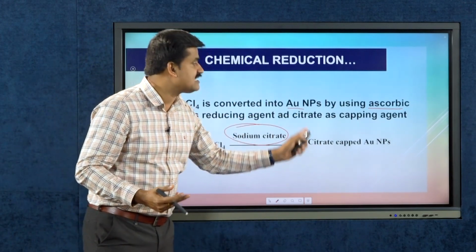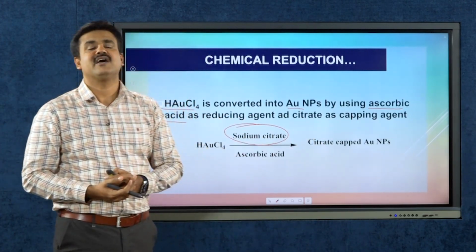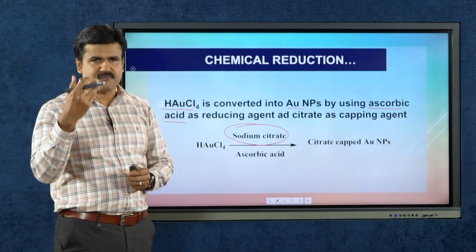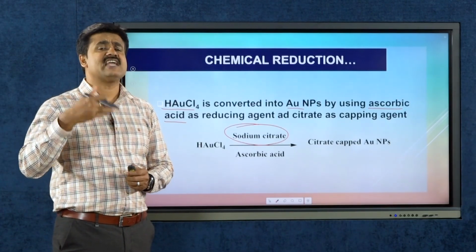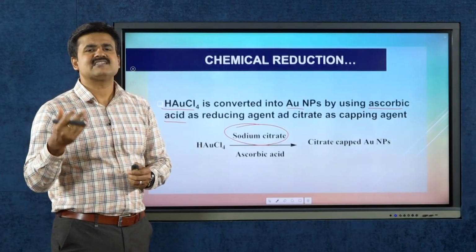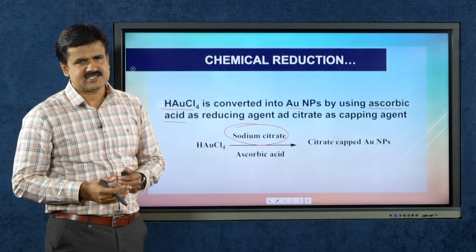Hence, the result is citrate capped gold nanoparticles. So, in the chemical reduction procedure, we are performing the reduction reaction of a salt precursor. You can perform reduction either in the presence or absence of a capping agent.